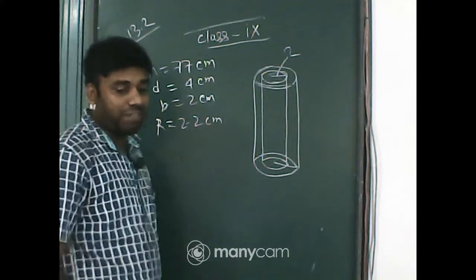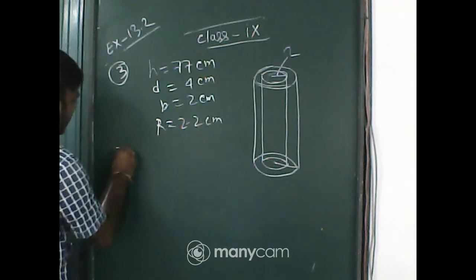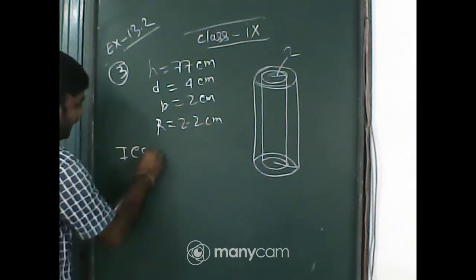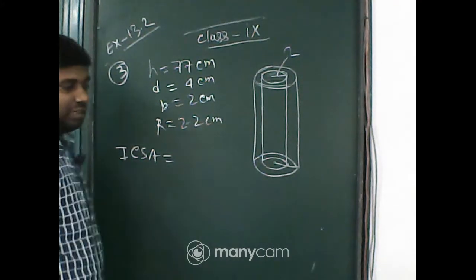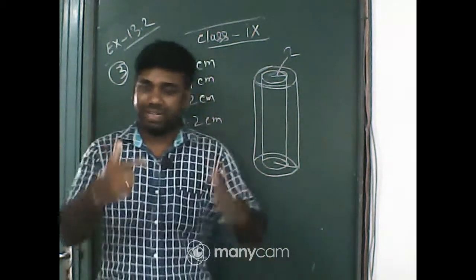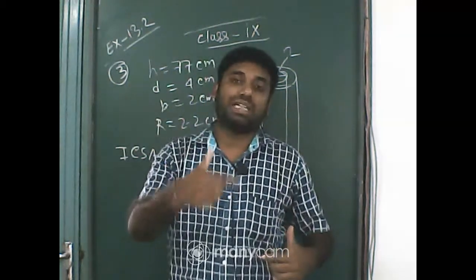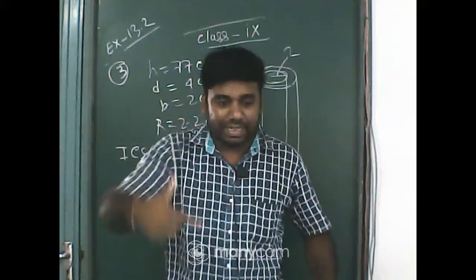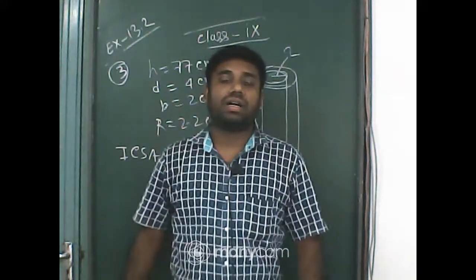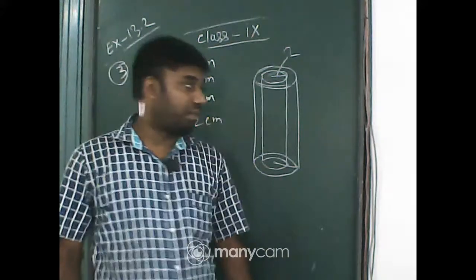So inner curved surface area, that is ICSA. Just take a pipe, tube, that inner portion, inner surface area is the inner curved surface area.